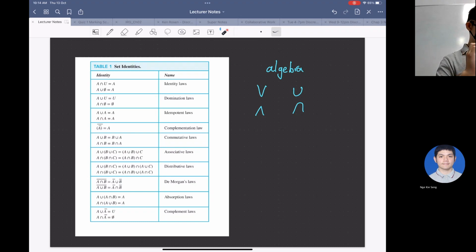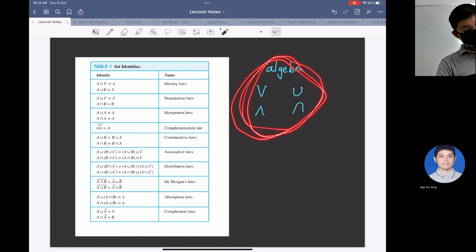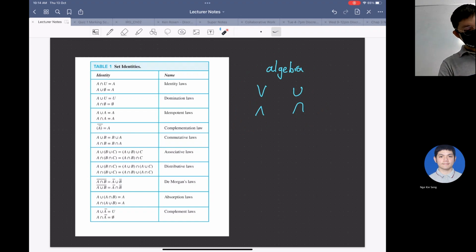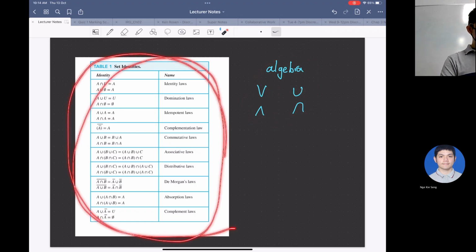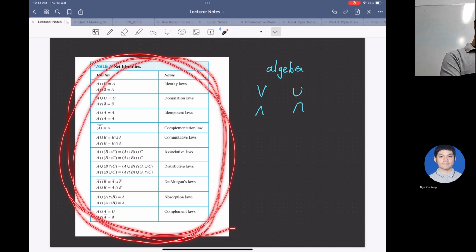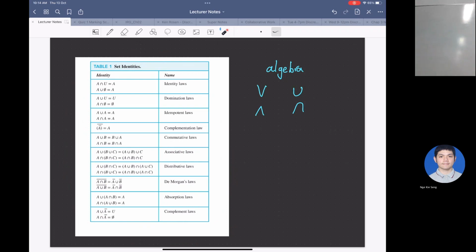So actually, this is not a coincidence. These are special realizations of a general algebra called Boolean algebra. Boolean algebra is an algebra with two operations such that they satisfy these kinds of laws. We will return to Boolean algebra in the last topic of this course.